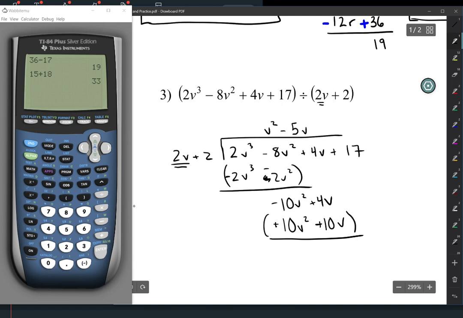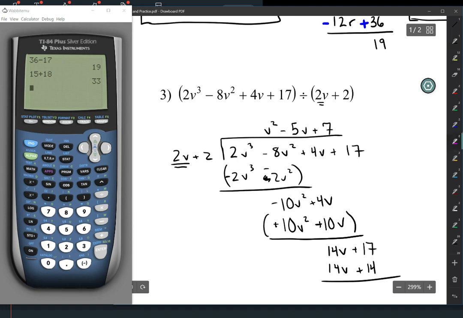Add, switch the signs. So 14v, bring down the 17. And then lastly, I need that to be 14 again. I'm doing the same thing. 7. 2 times 7 would be 14. And then 7 times 2 is 14.